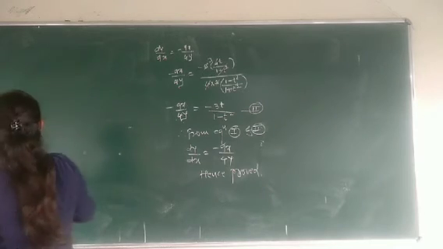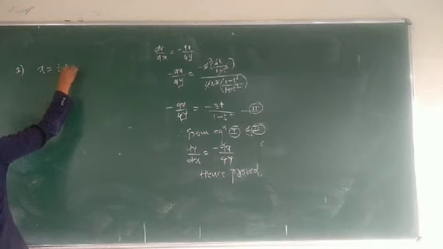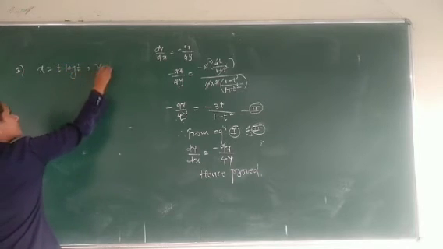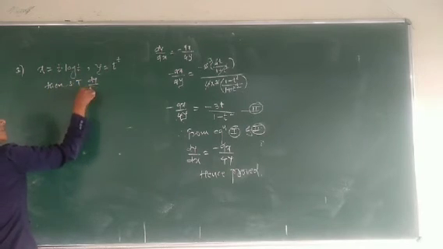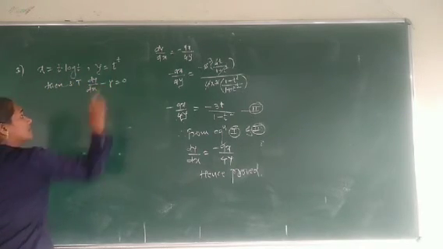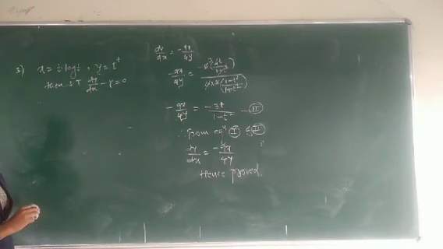Now the third question is there. If x is equal to t log t and y is equal to t raised to t, then we show that dy upon dx minus y is equal to 0. So x and y both are parametric functions of t.